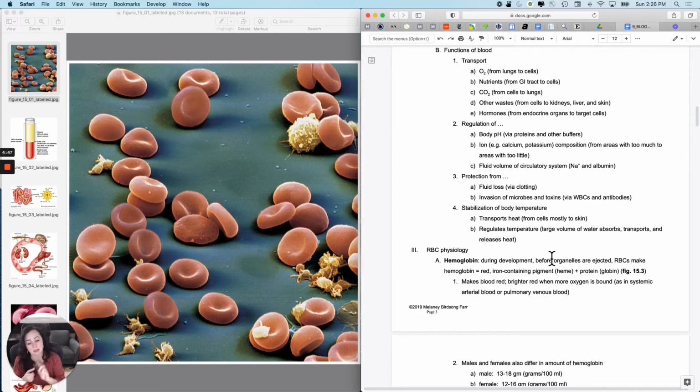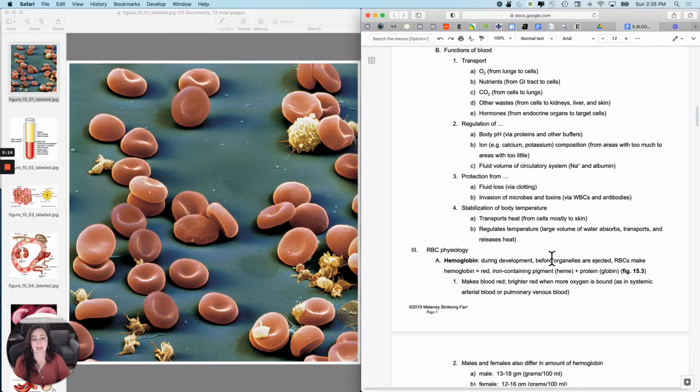And then it's the only fluid that we have that can clot. So it protects the body also from fluid loss via clotting. And then, of course, because it's got all of the white blood cells of different types and the antibodies circulating in the bloodstream, although they're not limited to that place, it protects the body from microbes, from precancerous cells, even from toxins.